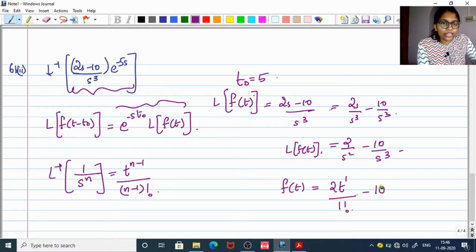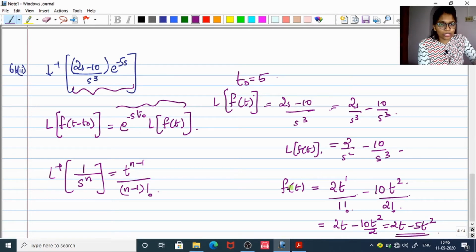Minus 10 into 1 by s cube: n is here 3, so t raised to 3 minus 1, that is t square divided by 2 factorial. So your answer is 2t minus 10t square by 2, or 2t minus 5t square, is your f of t.